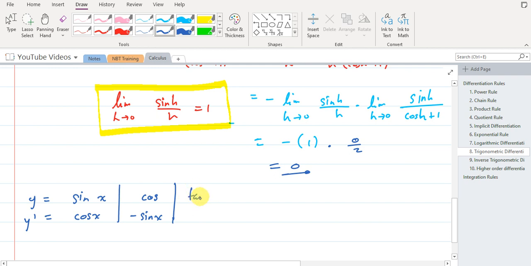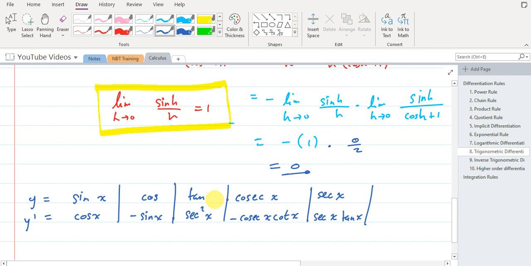Then the derivative of tan will give us sec squared x. The derivative of cosec x will give us negative cosec x cot x. The derivative of sec x will give us sec x tan x, and last one, the derivative of cot x will give us negative cosec squared x.